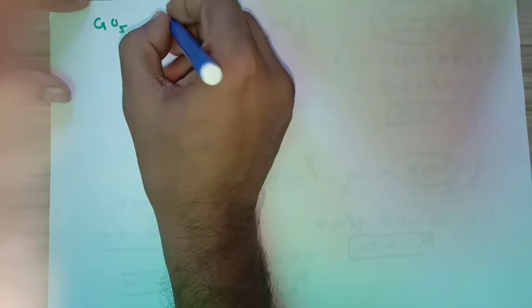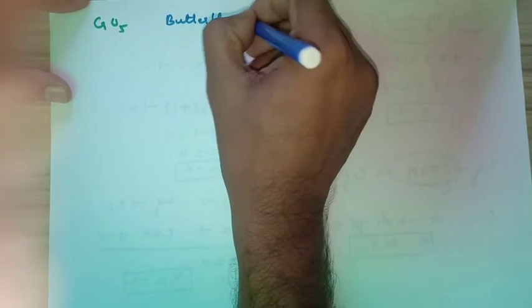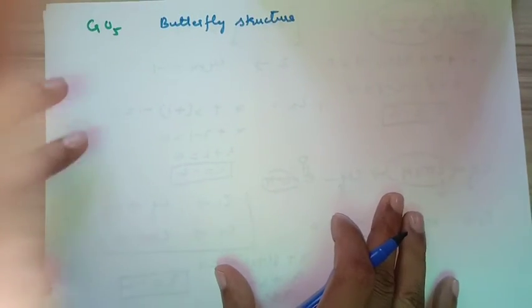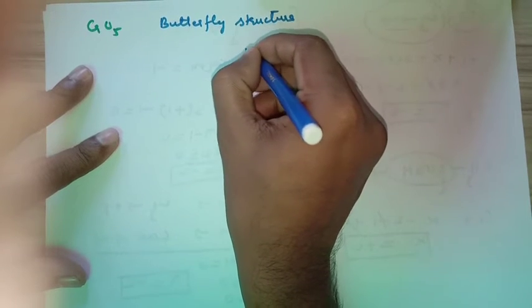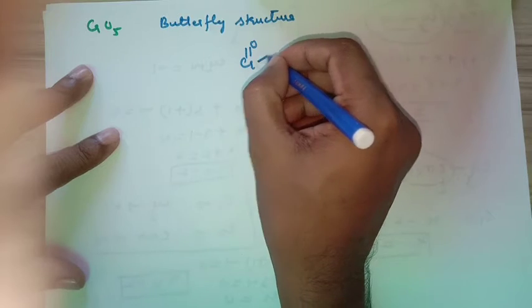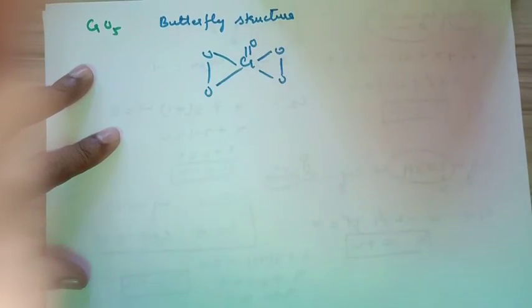Our next structure is CrO5, and this is butterfly structure. And this will be as Cr, 1 double bond with oxygen and 4 peroxide linkage. So this will be our peroxide linkage, and this is our butterfly structure.